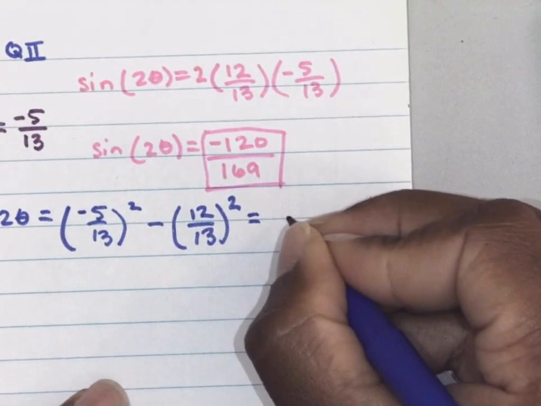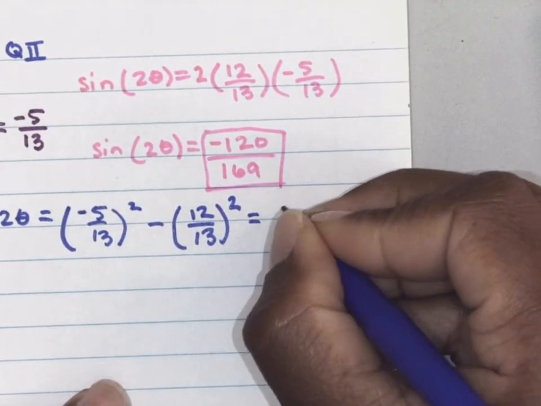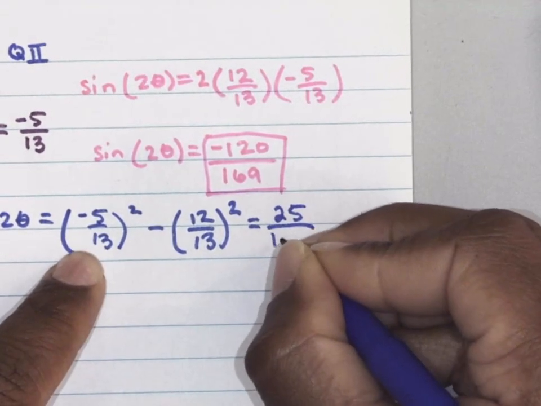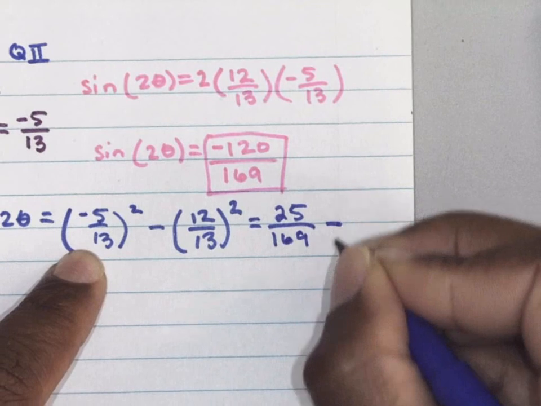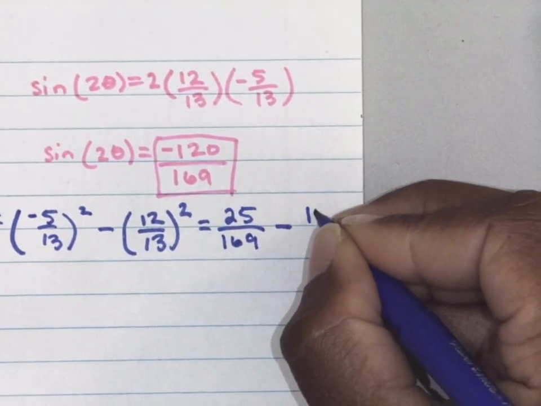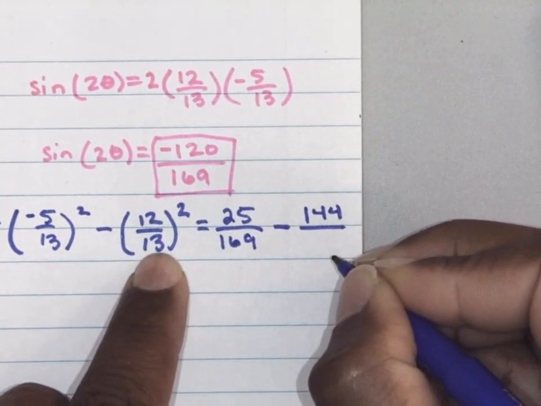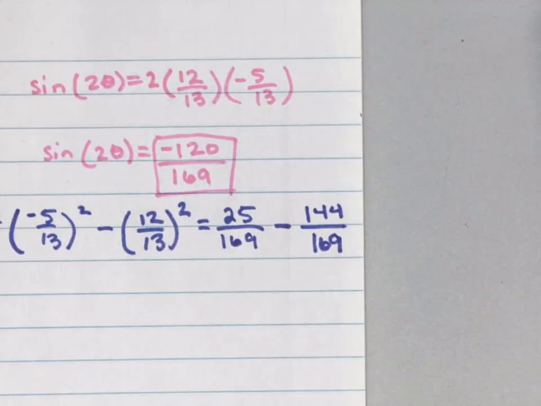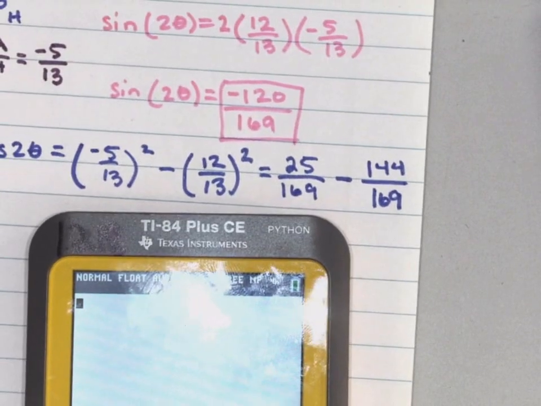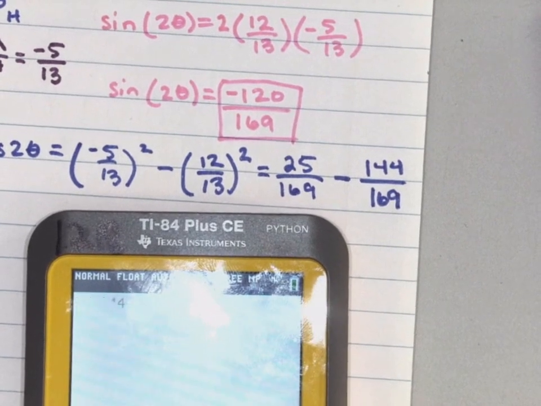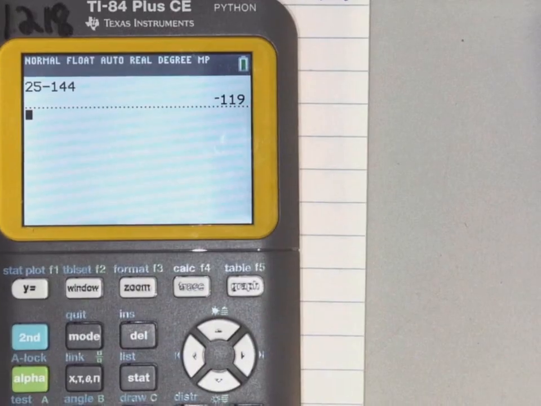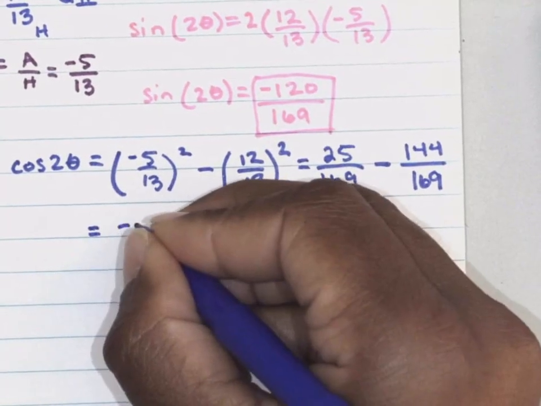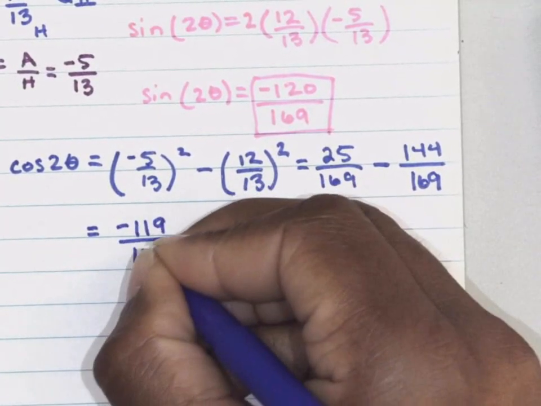So what we get is -5 squared. A negative number squared is a positive number, over 13 squared, 169, minus 12 squared, 144, over 13 squared, 169 again. Since the denominators are the same, we can subtract them from one another. 25 minus 144, and we get -119 over 169.